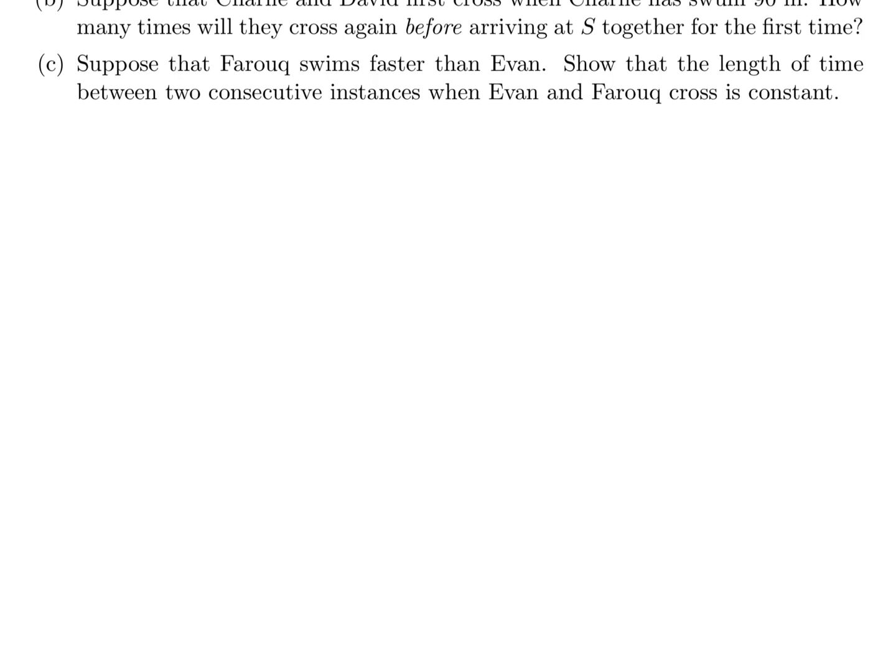Farouk swims faster than Evan. Show that the length of time between two consecutive instances when Evan and Farouk cross is constant. So the speed of Farouk is greater than the speed of Evan. And every time they cross, let's see here, the sum of the distances, as we previously saw, was a multiple of 200.